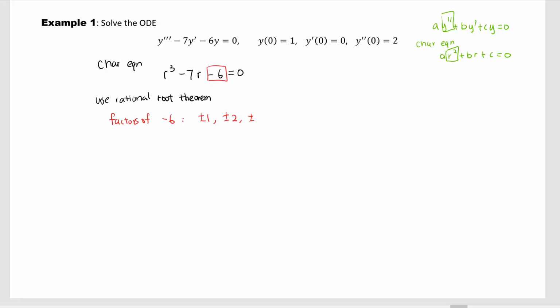It could also be plus or minus 3, and then plus or minus 6. So those are all the integer factors of -6. So far, so good, everybody?